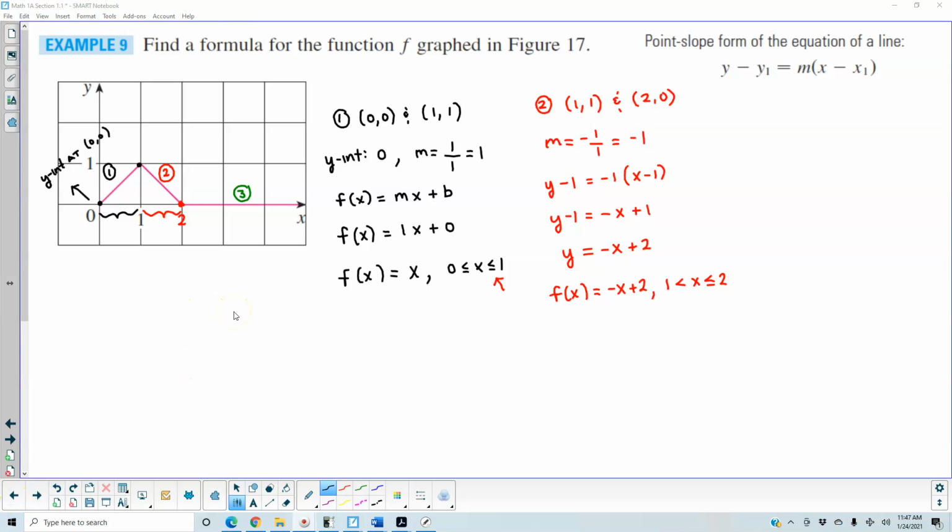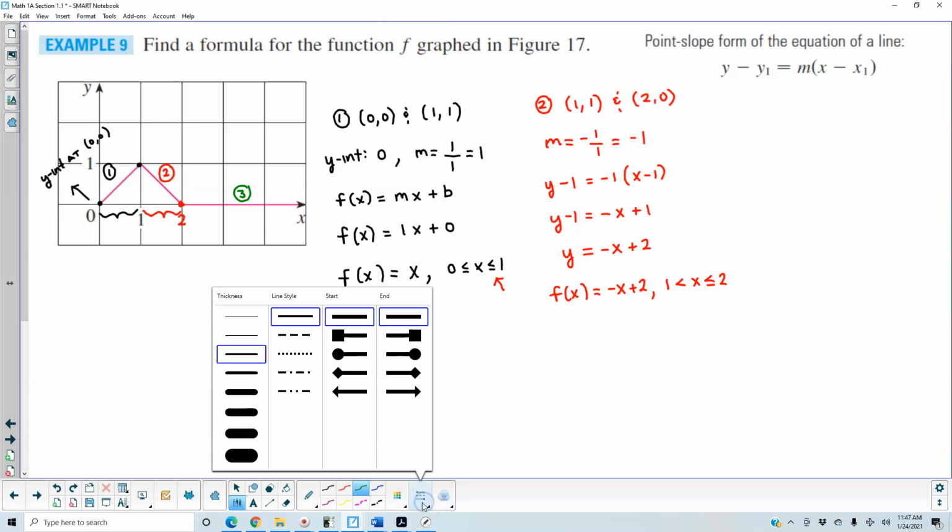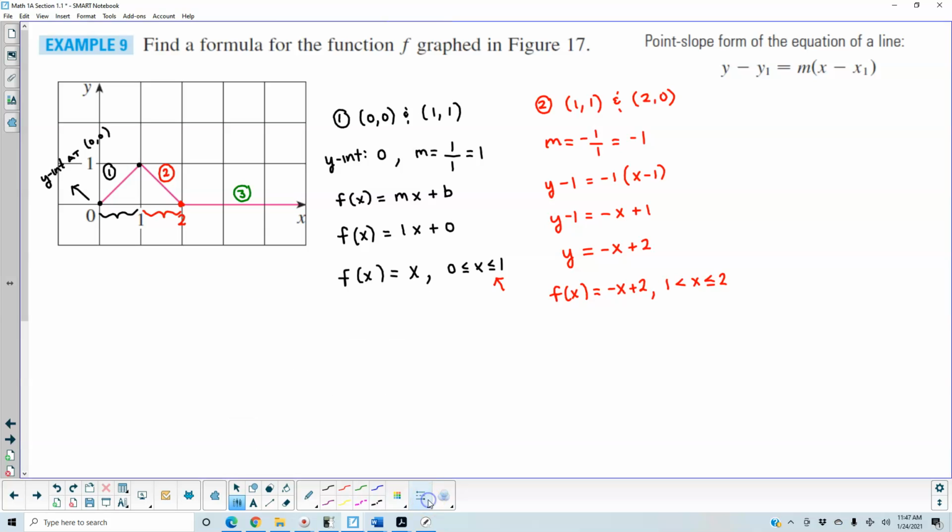So now let's take a look at line 3. For line 3, we can see that this is a constant function. And that constant function tells us that we have a graph that's a horizontal line. So that means that we have a slope of 0.